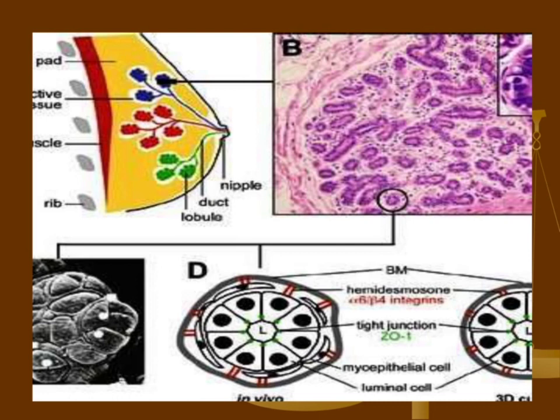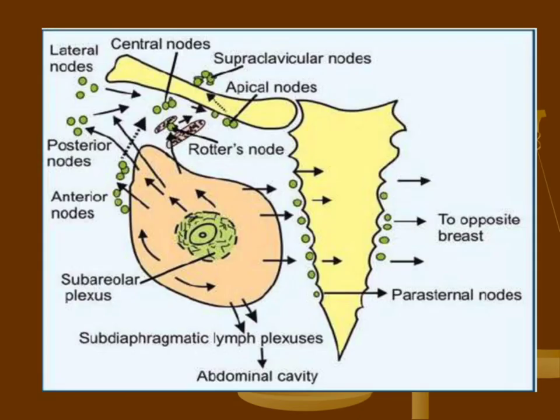They have some receptors, so you should know the basic anatomy regarding these receptors and the cells. The luminal cells have different receptors, and myoepithelial cells have different receptors. So we should know all these things.